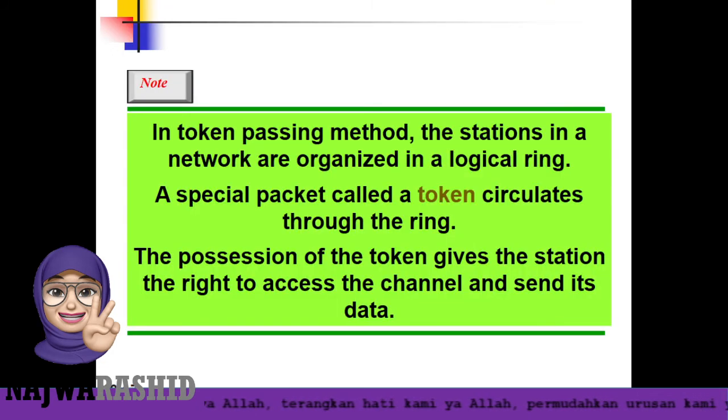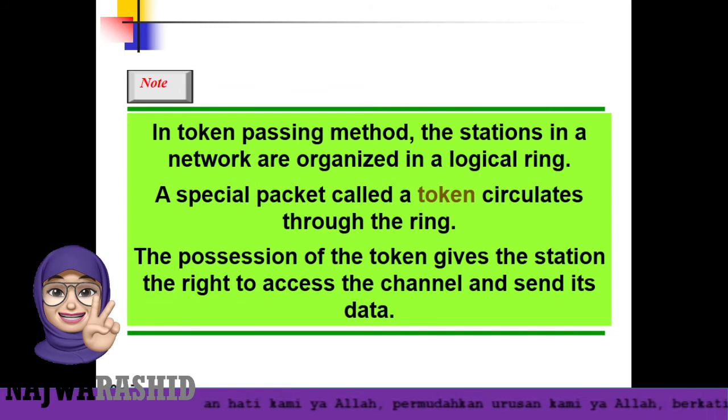In the token passing method, the stations in a network are organized in a logical ring, so it uses a ring topology. A special packet called a token circulates through the ring, and possession of the token gives the station the right to access the channel and send data.